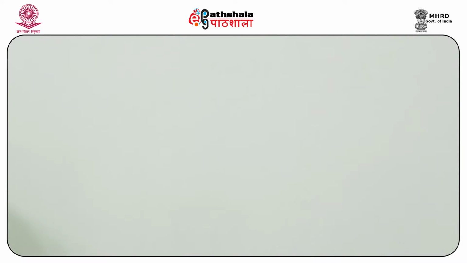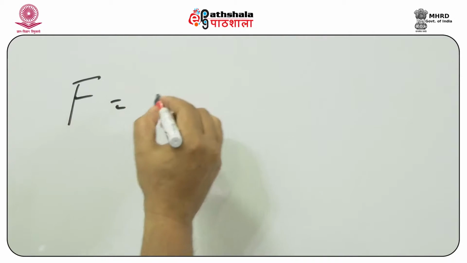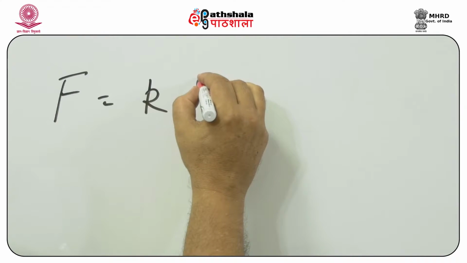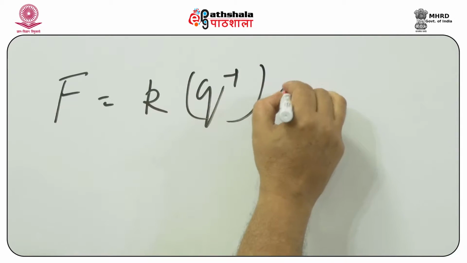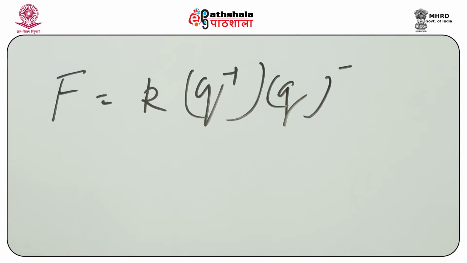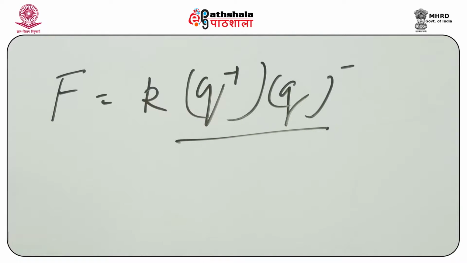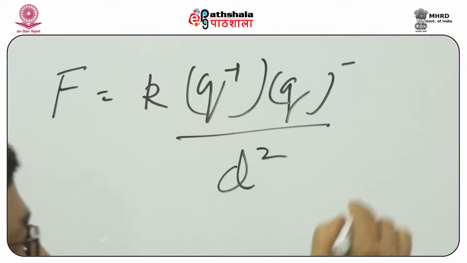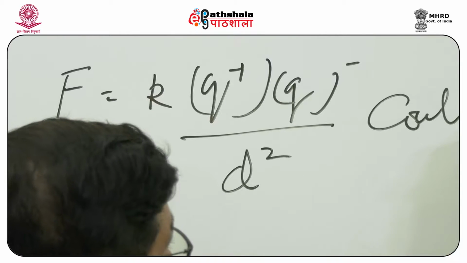The force which keeps the ionic bond together can be defined as a constant K and multiplication of the positive and negative charges divided by the square of the distance between the center of the two atoms, and this is also known as Coulomb's law.